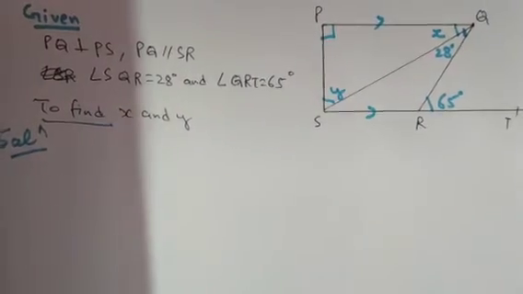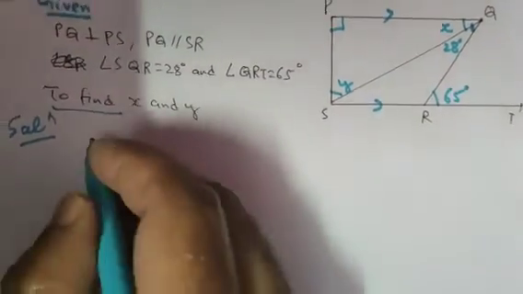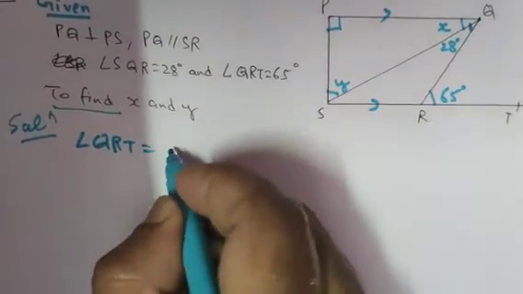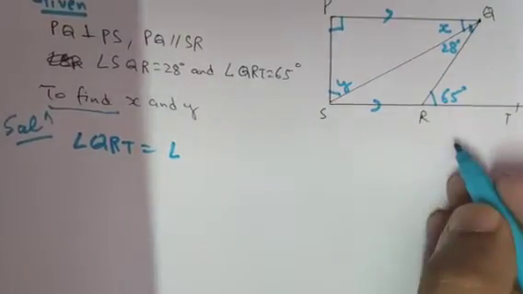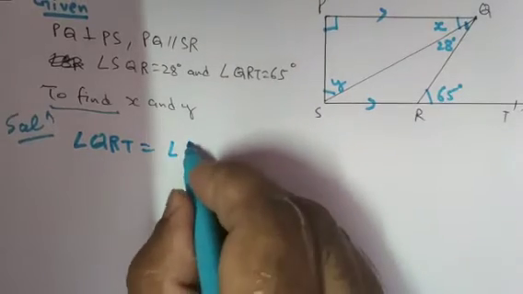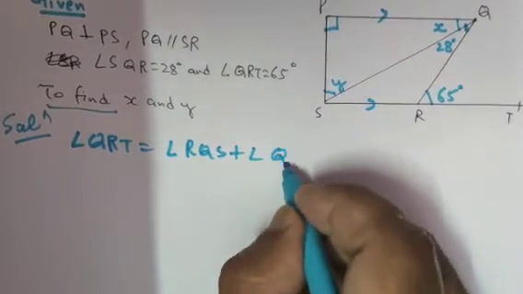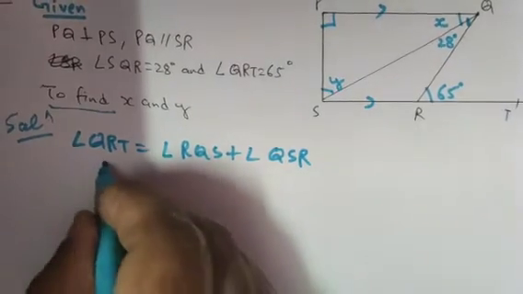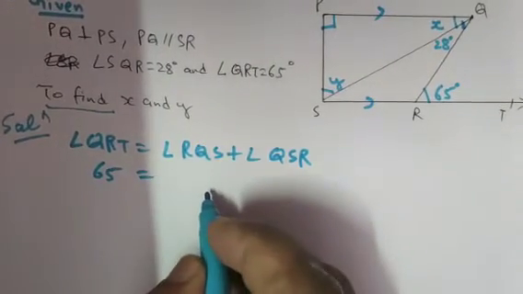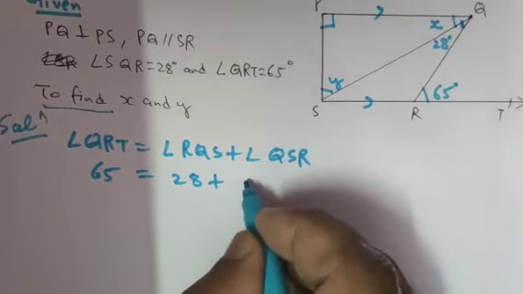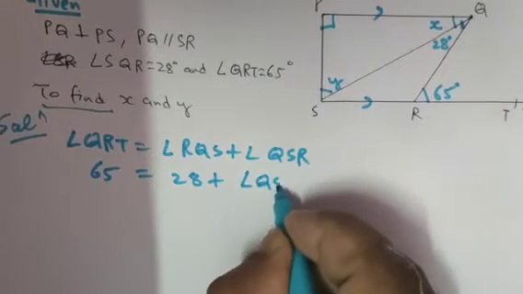So first of all we will apply the exterior angle property. Angle QRT will be equal to angle RQS plus angle QSR. So QRT is 65, RQS is 28, plus angle QSR.